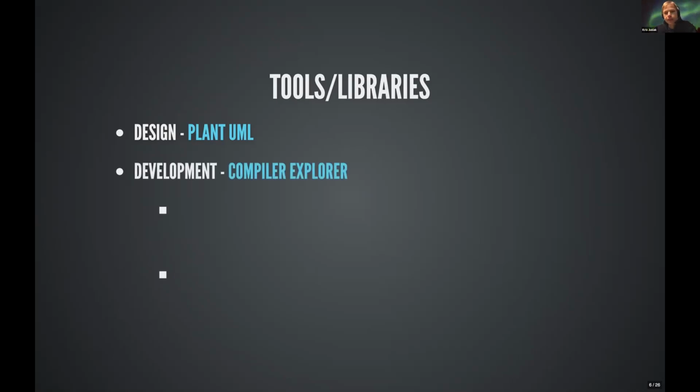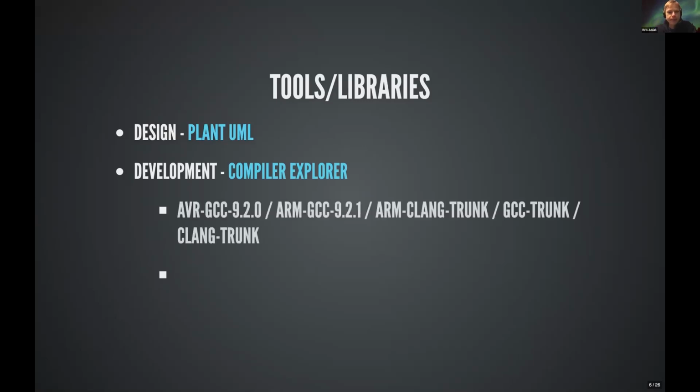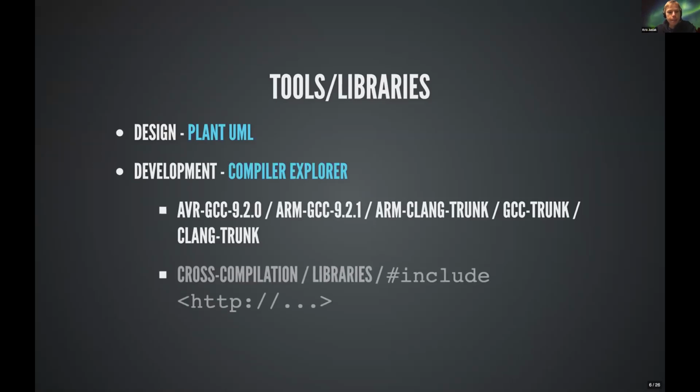For development, we'll use the best website available online, I guess, Compiler Explorer. Everyone knows it. I bet you know it as well. It has GCC 9.2 for microcontrollers. It has ARM, Clang trunk, GCC trunk, so we can leverage all of them.